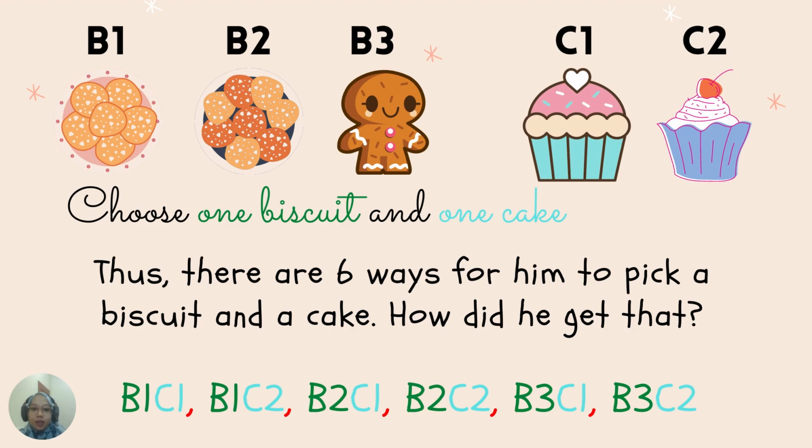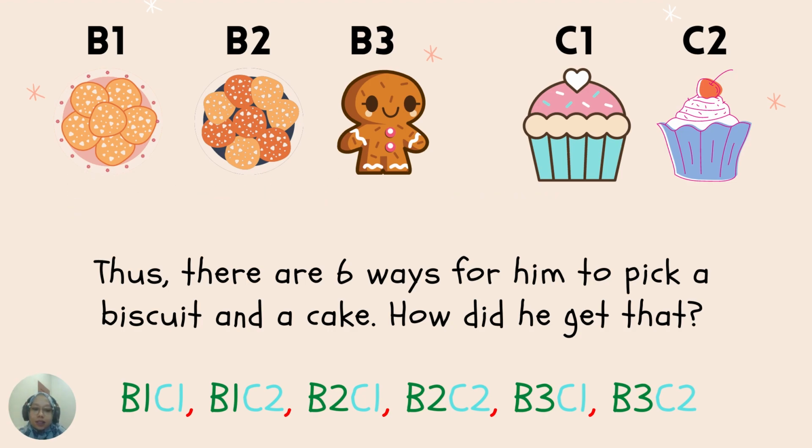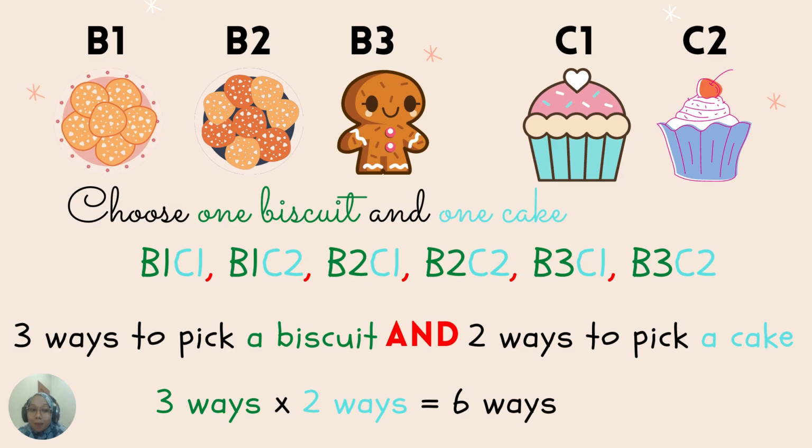But how did Ali get the 6 ways? By multiplication. 3 ways to pick a biscuit and 2 ways to pick a cake is equivalent to 3 ways multiplied by 2 ways, equal to 6 ways.